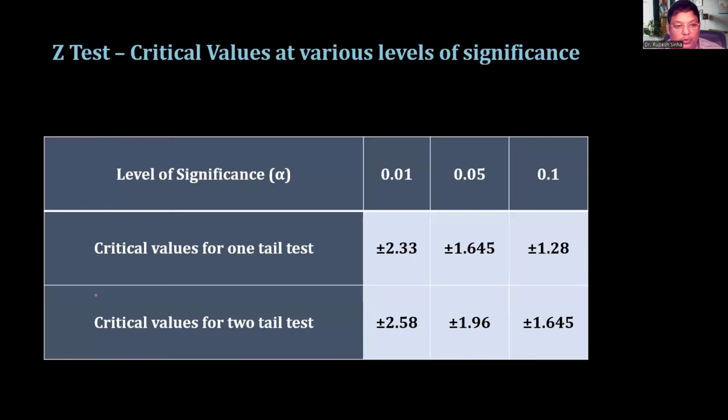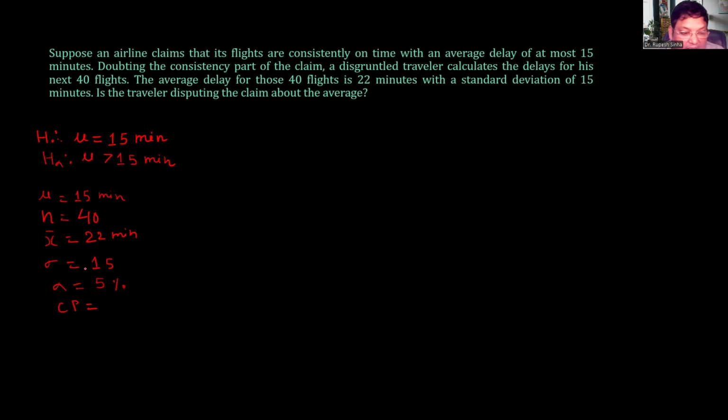Let us go to this 5% one-tailed test. It is 1.645. So we have our hypotheses done, and we have found the critical point based on the level of significance.